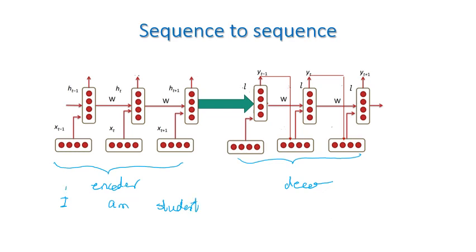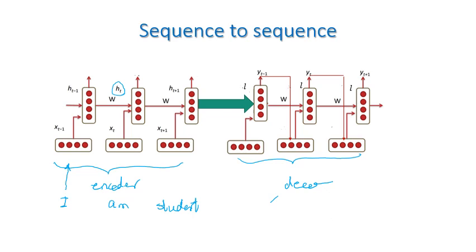You pass "I" to your unit of RNN, and given your observation and the previous state, you produce a new state, which is a representation of this word.